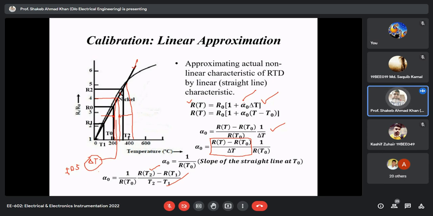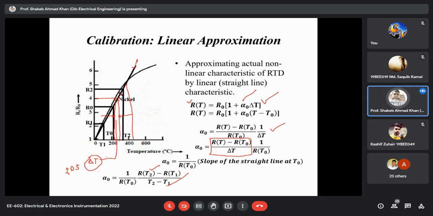By measuring the RT, we can measure the T accurately, whatever accuracy you are claiming. And if the measurement accuracy satisfies the desired accuracy, then we'll go ahead with this approximation.